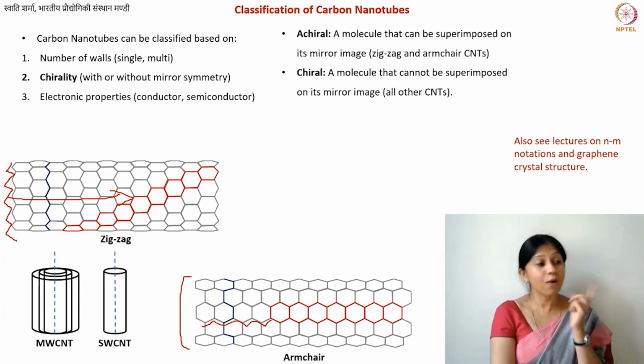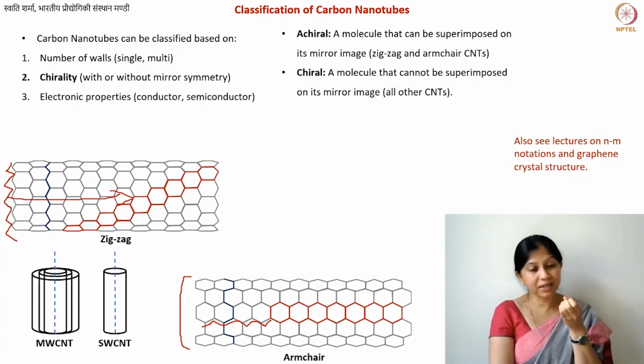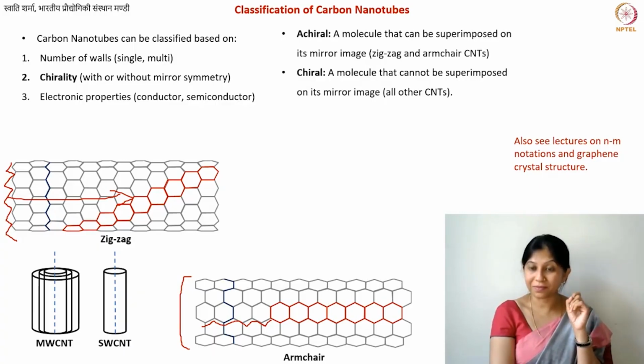We know a little bit about the zigzag and armchair type symmetries and where it is easier for the electron to travel. However, as the carbon nanotubes become larger in terms of diameter, even if they are single walled, although single walled carbon nanotubes typically do not have much larger diameters, because then their formation becomes difficult and their enthalpy of formation goes very high. But still, whenever you have larger diameter carbon nanotubes, they tend to be conducting rather than semiconducting.